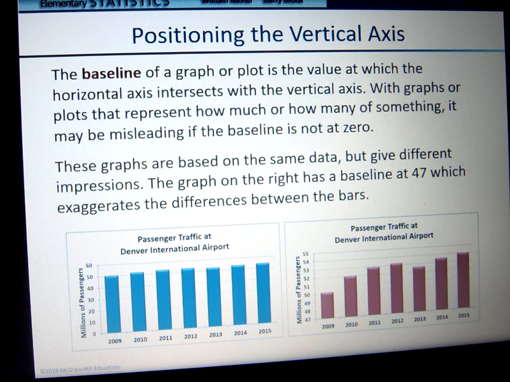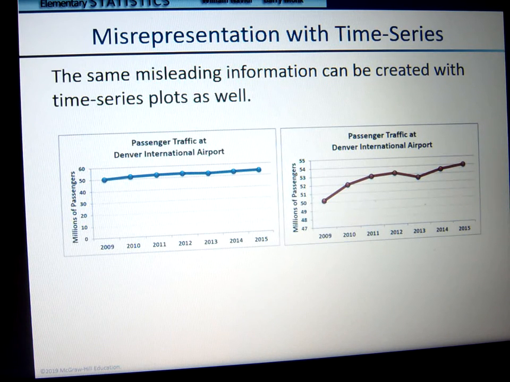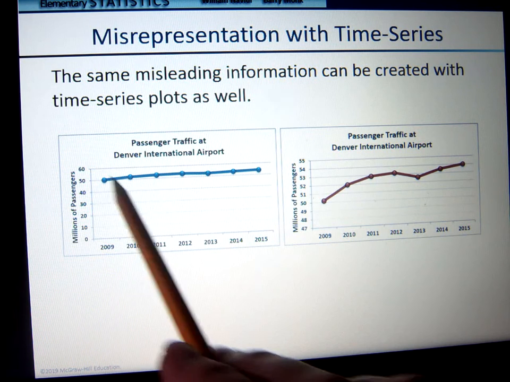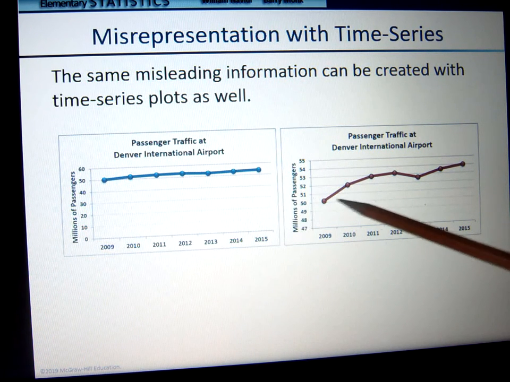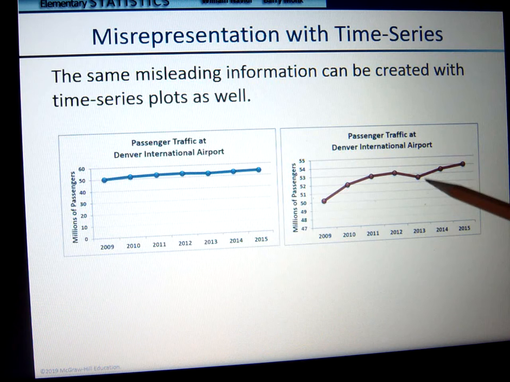So it's not a good practice to use. Here's the same graph as a time series plot. You can see again, there's really not much of a difference if you have it this way. But when you're looking at this, then that could really give you a misleading picture of what's going on.